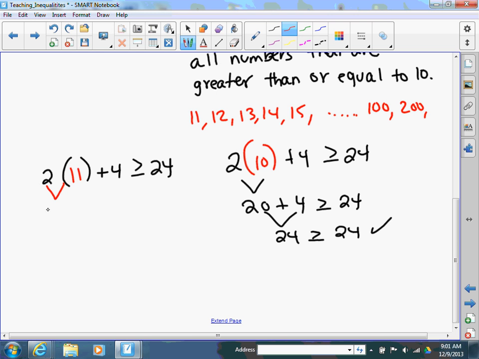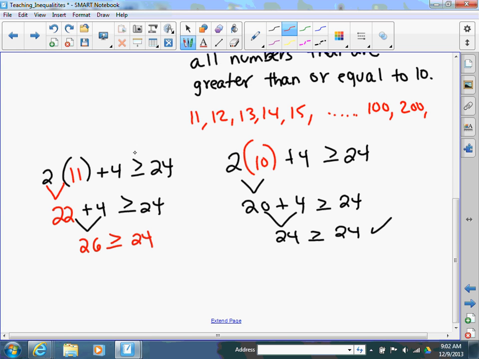What's 2 times 11? 22. 22 plus 4. 26 is greater than or equal to 24. Is that true? Is 26 greater than 24? Yep, so it works.